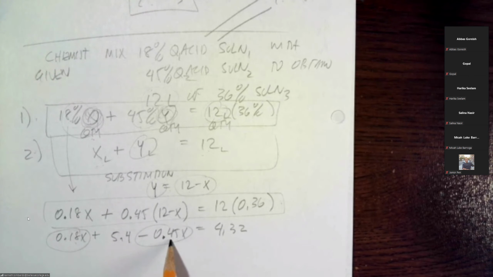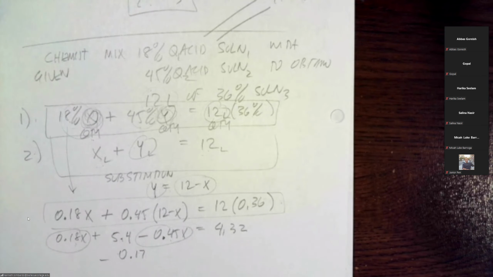So if I combine this 0.45x and this 0.18x, it looks like I get negative 0.27. Is that what you get? I guess that's negative 0.27.